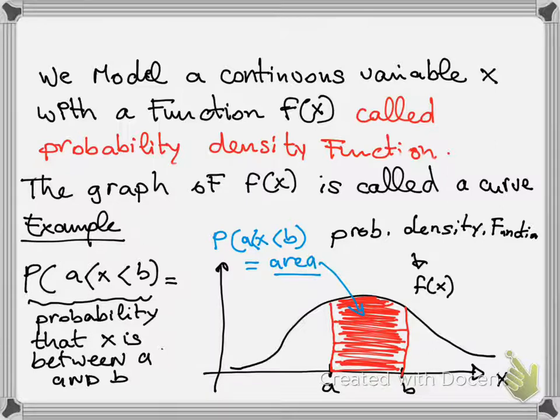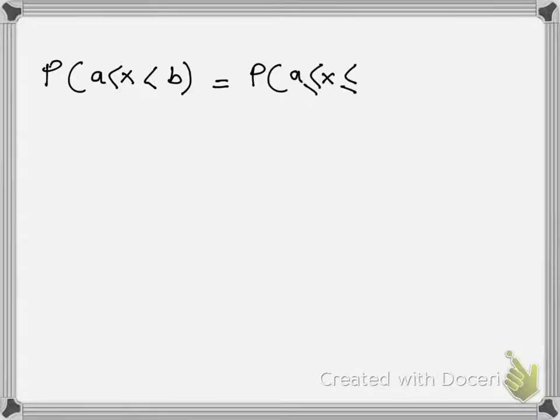Now let me just say that here I'm saying x is strictly larger than a and strictly less than b. Actually the probability that x is strictly larger than a and strictly less than b is the same as the probability that x is larger or equal to a and less or equal to b.